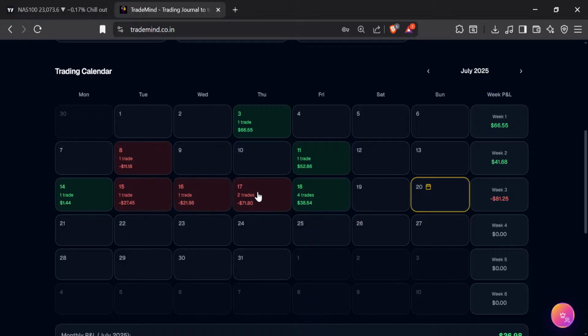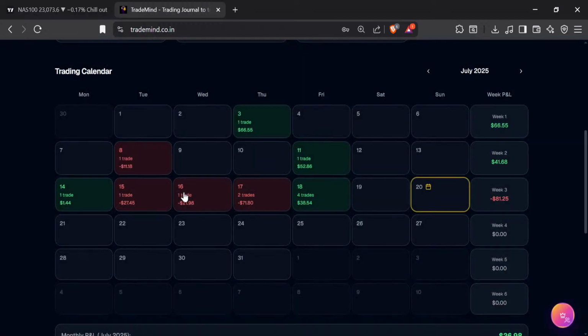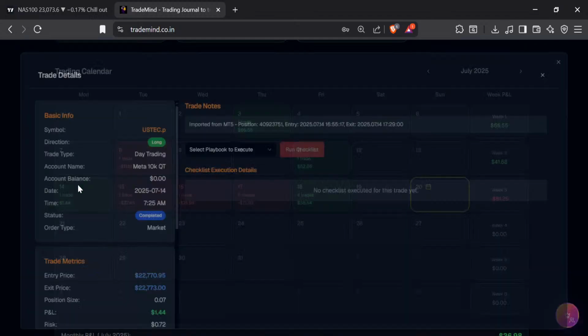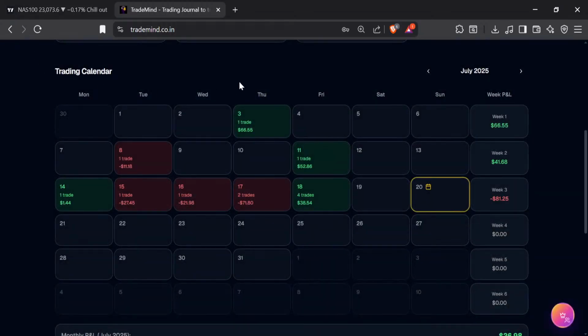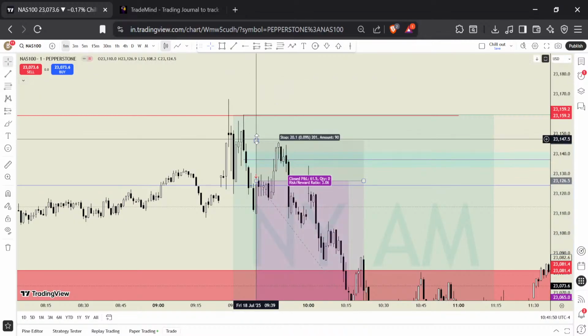So if you can see this one, there is a loss here, and there is a loss here. So there was a continuous loss in this trade, and the only trade that's also a break even on Monday. So I was really cautious, and I didn't want to lose this trade anymore. So that's the reason why I was trailing so bad.